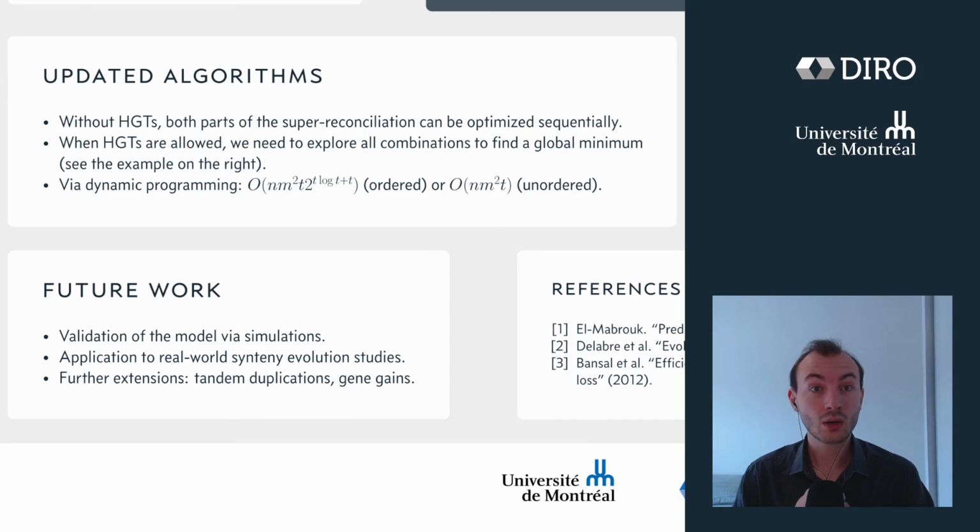We are also working on an application of the superreconciliation with HGT to real-world evolution studies. And of course, the extension work is not done because there are still more evolutionary mechanisms that are not taken into account. For example, tandem duplications or gene gains, whereby new gene families can appear during the evolution of a syntheny.